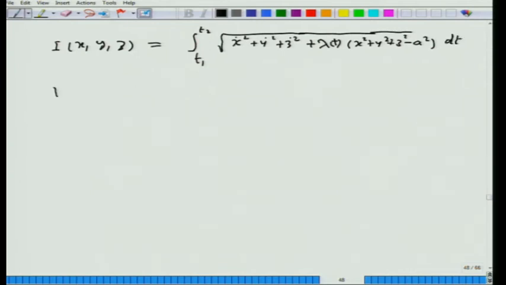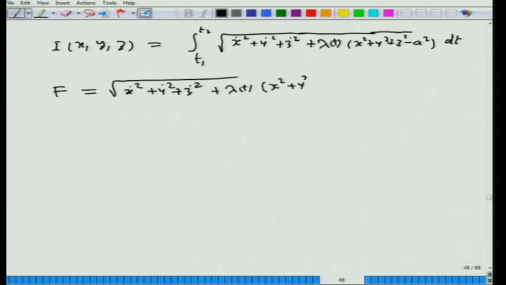So, here we have f as square root of x dot square plus y dot square plus z dot square plus lambda t times x square plus y square plus z square minus a square.